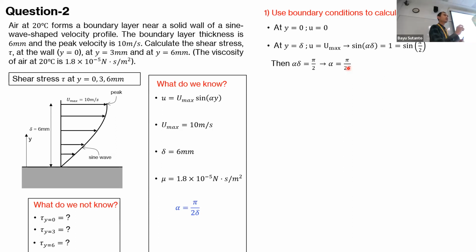Because in physics, the velocity at the wall, if we have a no-slip condition, must be equal to 0. And if we have plus or minus, it will not give you 0. Velocity is not a minus in our case. Probably this also happens with cosine and so on, but in this case they asked to make a sine function because it's already mentioned here: sine wave shape.